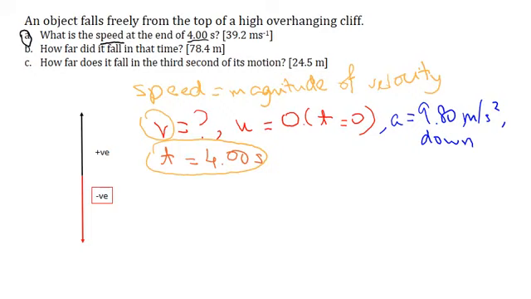Now, if you look at these 4 parameters that we have, v we have to calculate, u we assume is 0, it starts from rest, a is the gravitational acceleration, t is 4 seconds. We don't need to find the value of s. And if you look at the 3 equations in the previous slide, the only equation that helps us solve this problem is v equals u plus at.